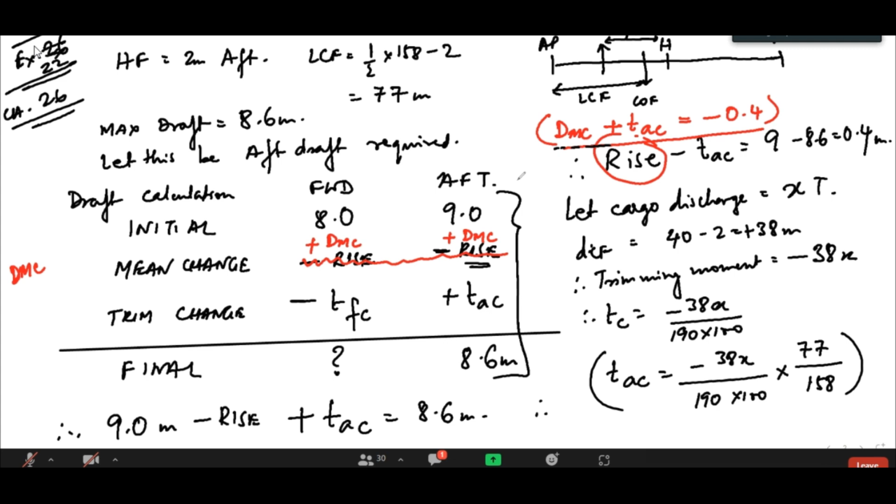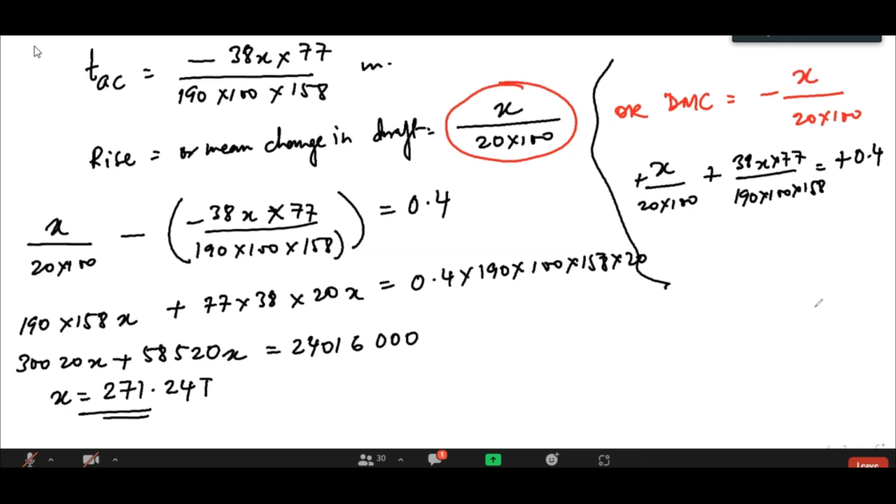So DMC plus TSC is equal to minus 0.4. Right? So minus पे अगर if we start with minus minus minus, then वो plus plus plus होके we can have the same equation. Equation हमारा same आ गया.